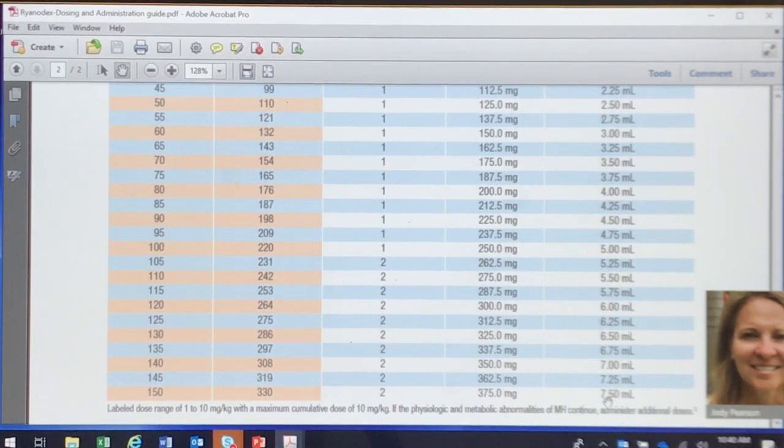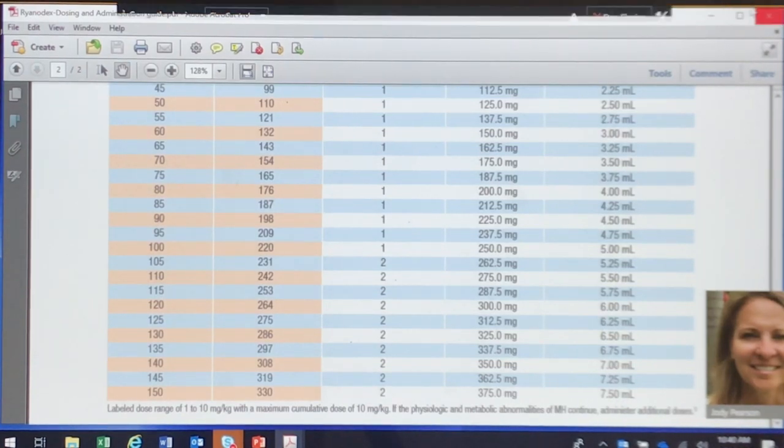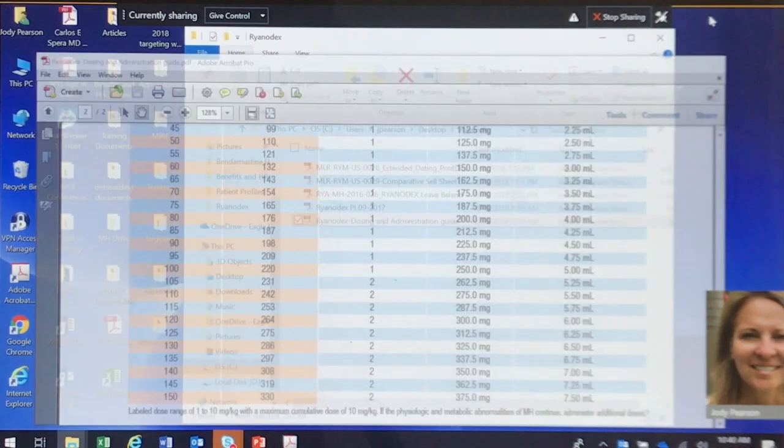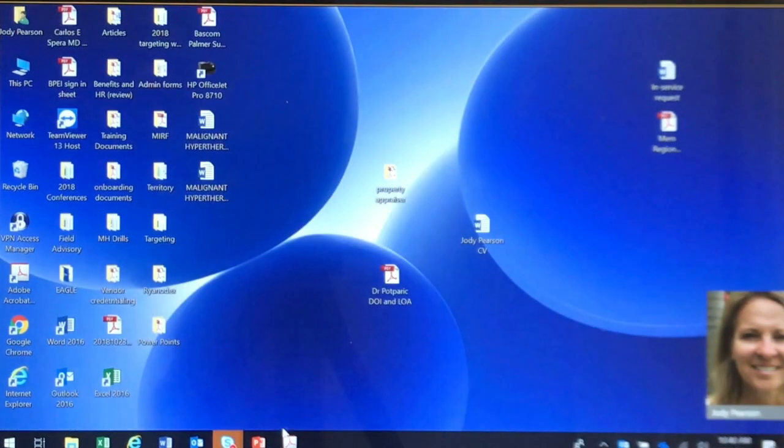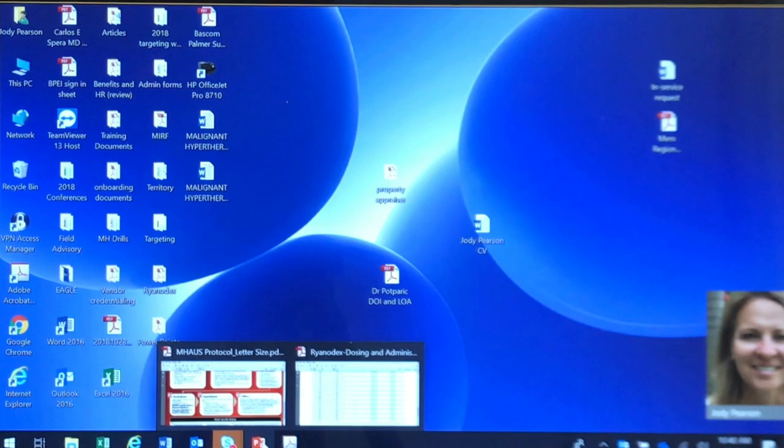It's important to know how many vials of Ryanodex are available to you, because you're going to need to get on the phone with pharmacy and potentially get your backup Ryanodex, because sometimes you need to give a second, a third, and a 4th dose. According to the literature, the average dose needed to get an event under control is around 5.9 milligrams per kilogram. And about 25% of the time, you need to go to 10 milligrams per kilogram.